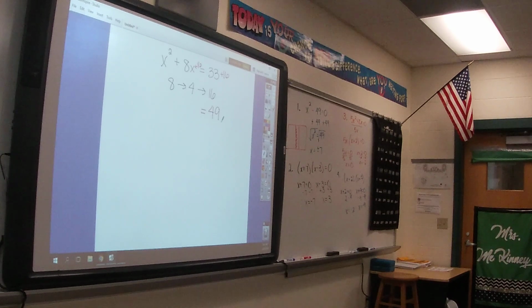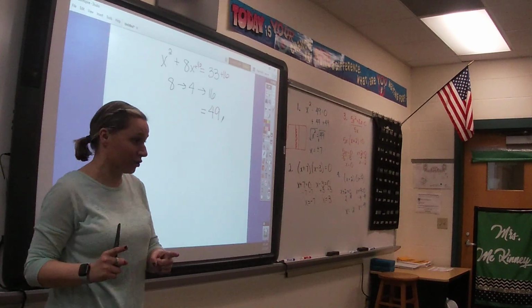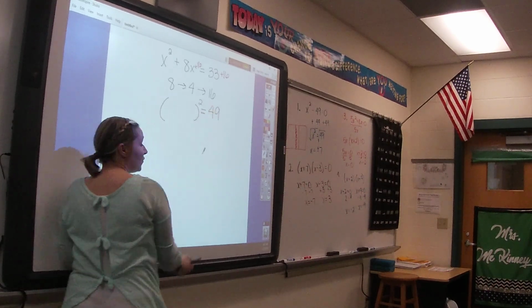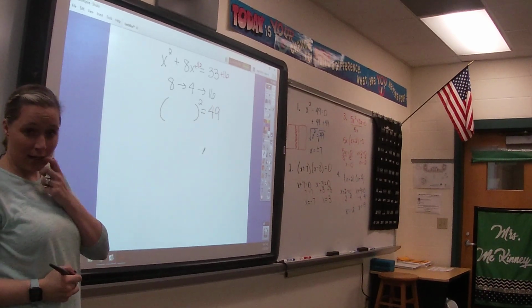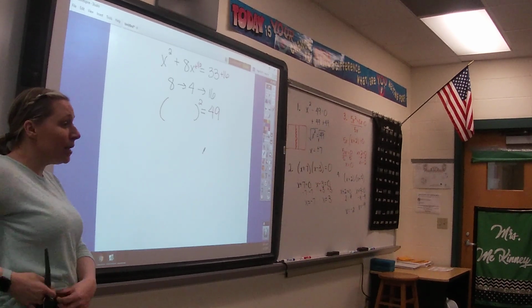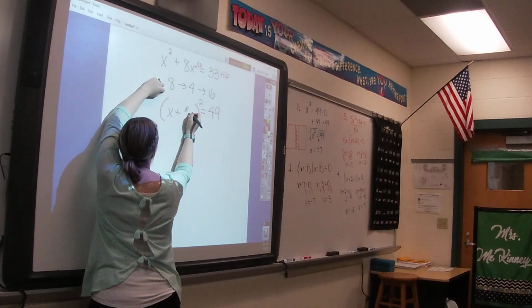Okay, now I'm going to factor the left-hand side, but remember, I don't actually have to know how to factor it. It always goes into this format, and I'm always using my middle number. What's my middle number? Positive 4.